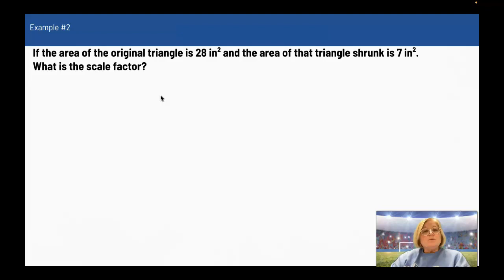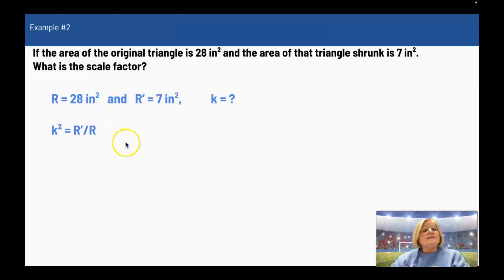If the area of the original triangle is 28 inches squared and the area of the triangle shrunk is 7 inches squared, what is the scale factor? Well, my original is 28 inches squared and my new one is 7 inches squared, and I'm looking for K. K squared in this one is R prime divided by R because I'm talking about area, so it's K squared.